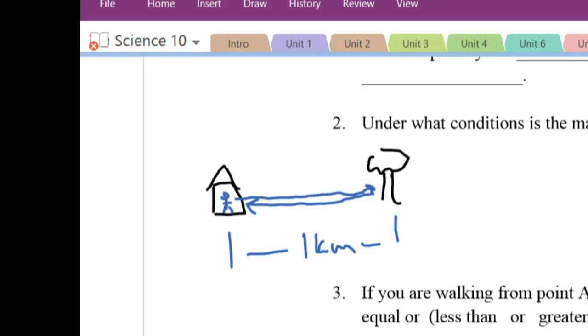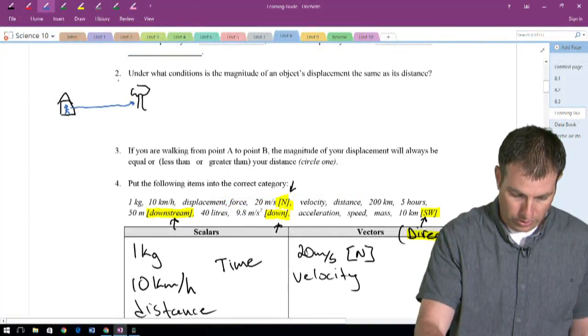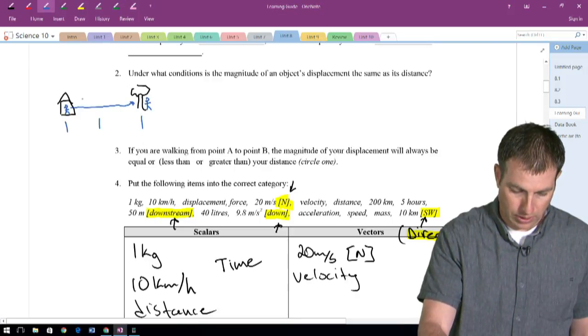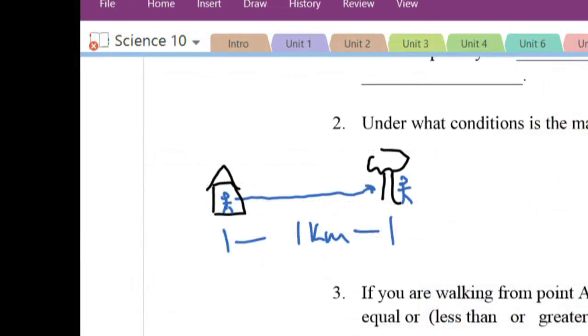But what Josh demonstrated here is that if I just walk in one direction and I go from the tree to the house, and this is 1 kilometer, because they're in the same direction, I haven't turned around and walked back to the house.